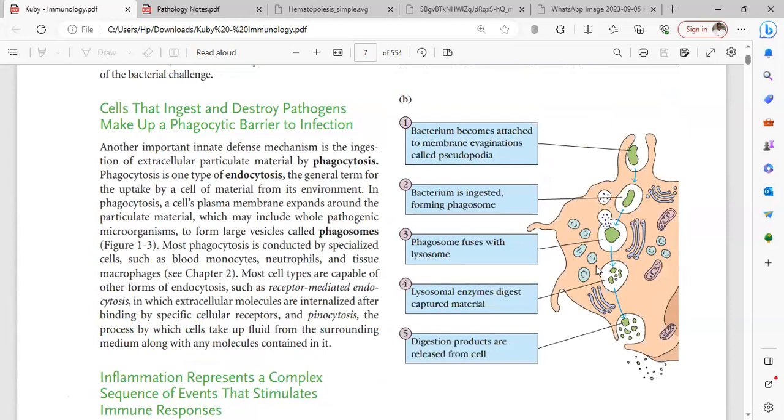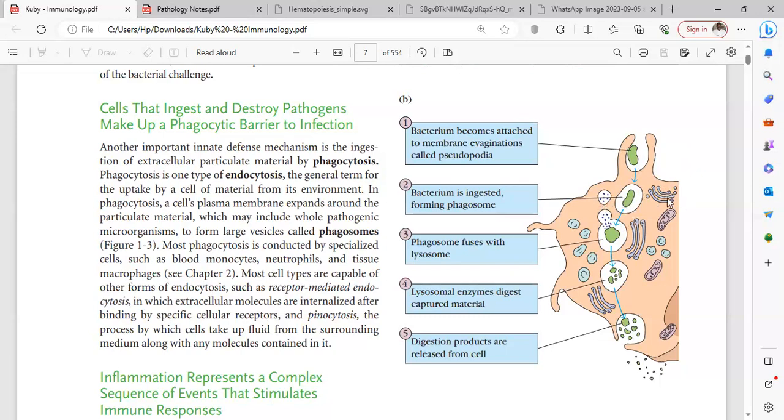Here we have a macrophage and a bacteria. The first step is that the bacteria gets attached to the membrane invaginations, which are called pseudopodia. Invaginations are these gorges, like troughs.